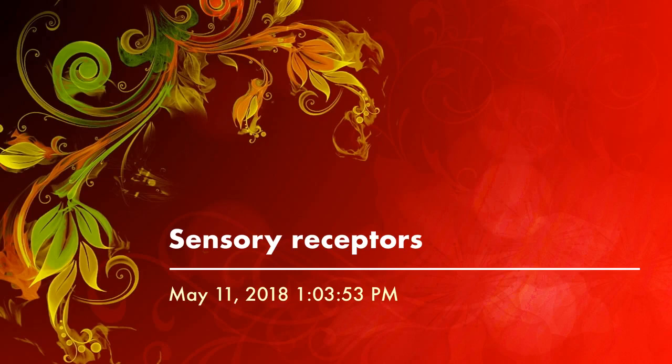The homunculus. Remember how there's that map on the cerebrum? If it's coming from the big toe, the brain knows it's coming from the big toe because it goes to the big toe area of the sensory homunculus in the cerebrum. So it's where in the sensory homunculus the action potentials arrive.